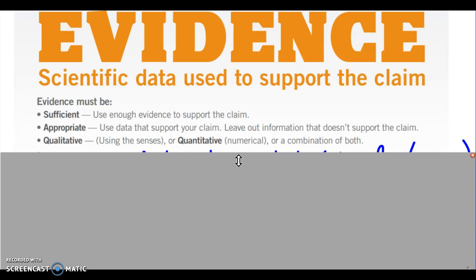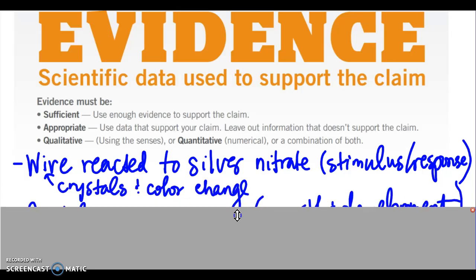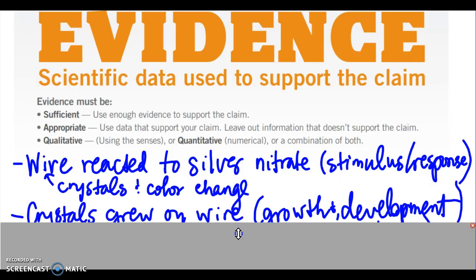Our evidence statements are just kind of like little bullet points. First of all, one of the things that we noticed is that the wire reacted to silver nitrate. That would be a stimulus response in terms of our characteristics of life. We could also say that the wire had crystals on it and there was some sort of color change. And that was also the response that was made.